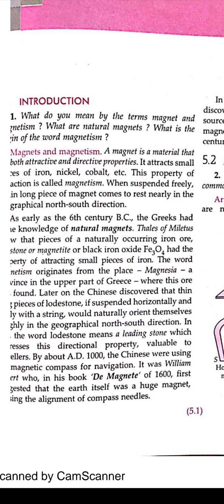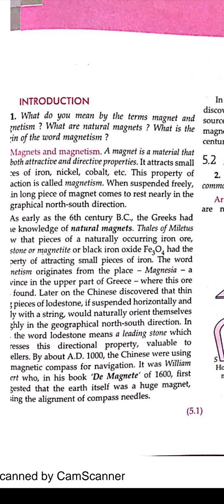We also know that a magnet is used for knowing the direction, south and north, by using a compass. When we suspend magnets freely, they align themselves to the geographical north and south direction. So these are the properties which we used to see about magnets.